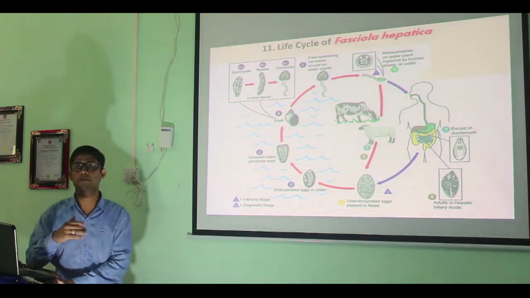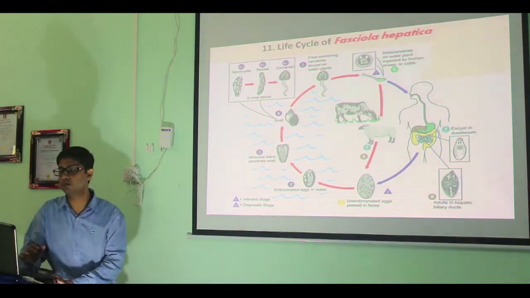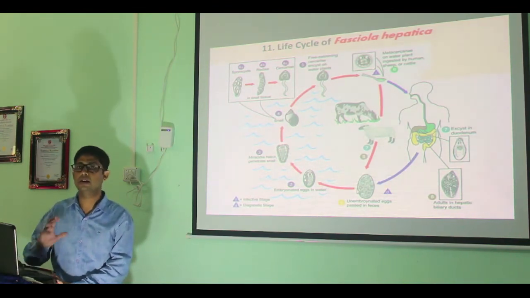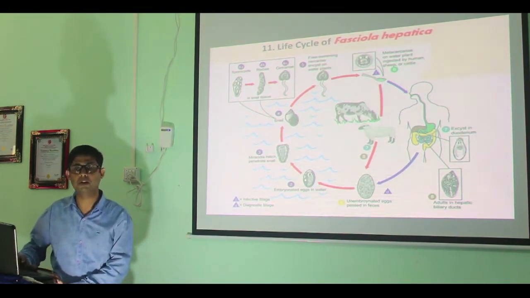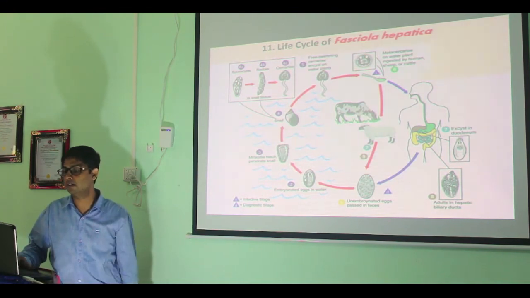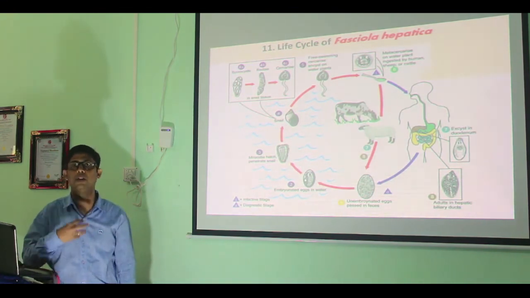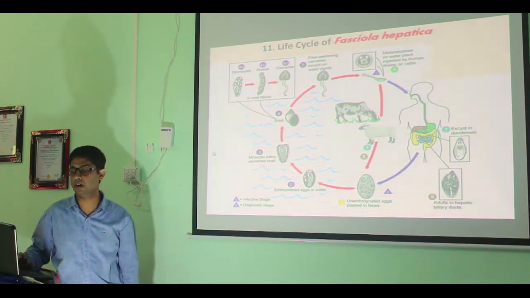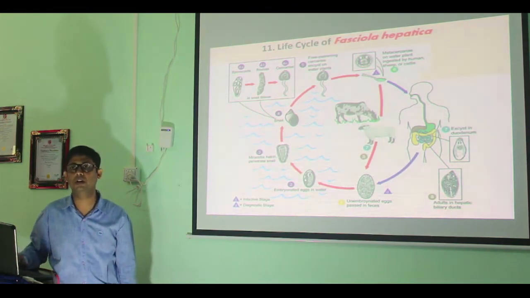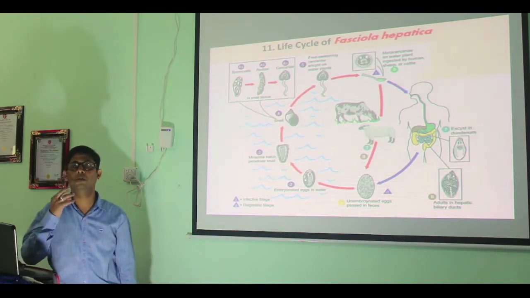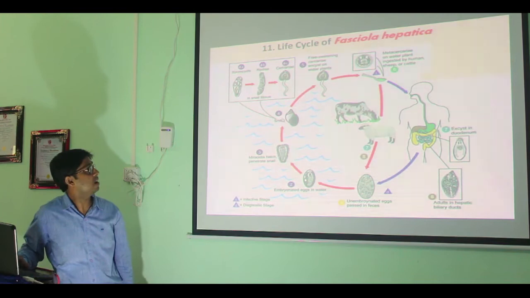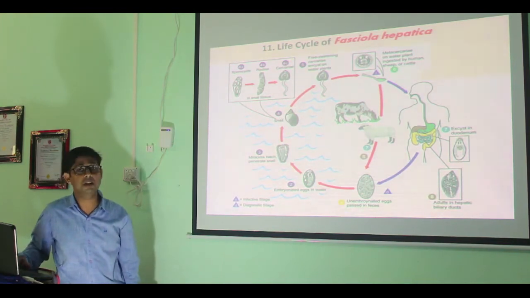Those fertilized eggs are passed through the feces into the environment, and when the fertilized eggs get adequate environmental conditions, the larva inside the egg will develop and the first larval form, the Miracidium larva, will come out from the eggshell. It will search for the intermediate host, the snail, and the snail will be infected by the Miracidium larva.